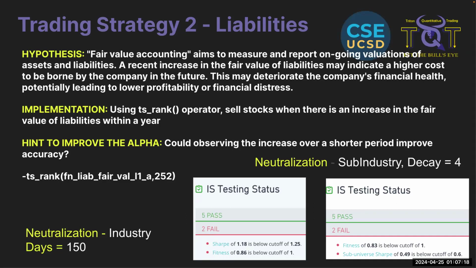One other thing is neutralization. There are four types of neutralization in WorldQuant, or in general also. The first one is the market. Market is in general the whole market, all the companies which are present. Sector is the second one. It's like a subdivision. Let's say you are considering technology as a sector. You'll only see technology companies, not, let's say, a sales service company. That's a different sector.